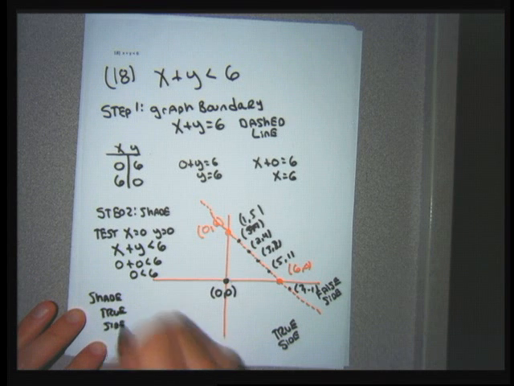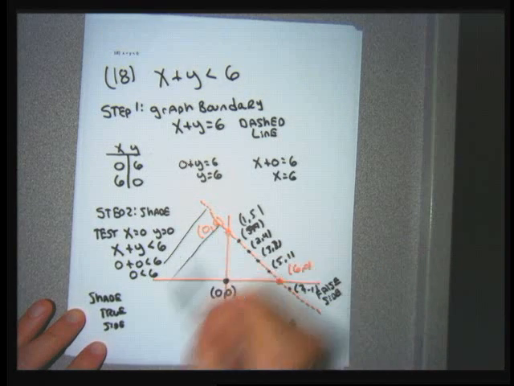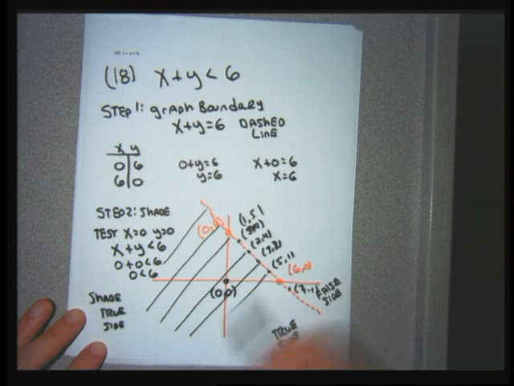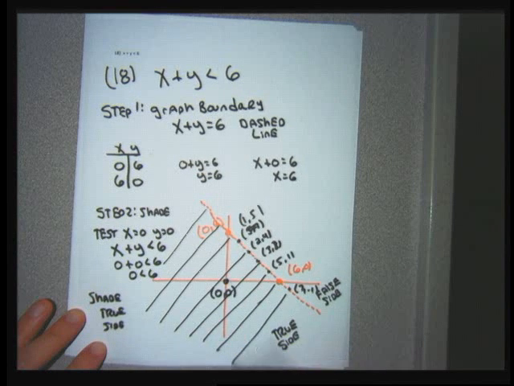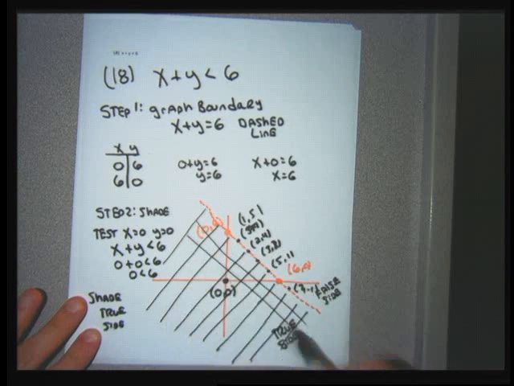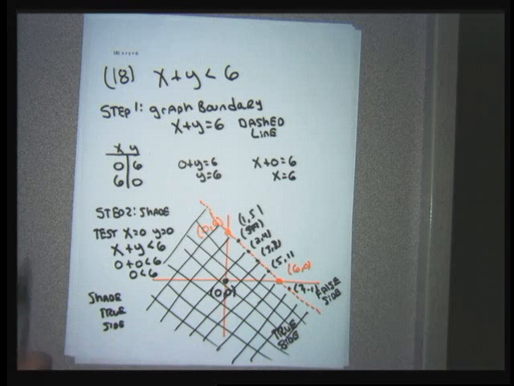By shading, I'm going to go all the way from my line across the entire graph, across the axes and everything. Darken in your shading more if you care to. So that would be an adequate picture of the inequality x plus y is less than 6.